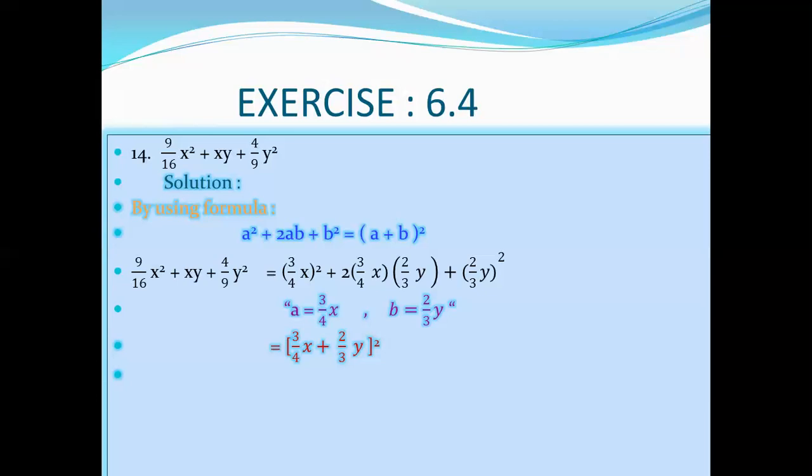All the signs are positive, so we apply the plus formula: a square plus 2ab plus b square is equal to (a plus b) whole square. So replace a with 3 by 4x and b with 2 by 3y. When we put the values in the formula, our answer becomes (3 by 4x plus 2 over 3y) whole square.